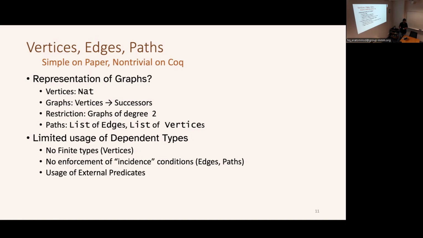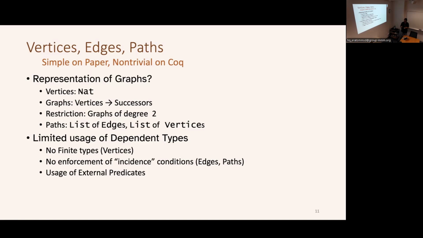And similarly, for the paths, I might want my definition of a path to include the idea that if I have two consecutive edges, then the target of the first one is the source of the next one. So we have lots of these sort of predicates to define the concept of path.